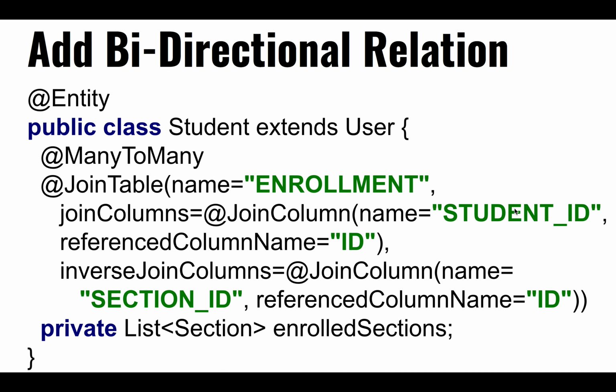Once you've done that, JPA will create for you the student table, the section table, and also the enrollment table. Typically when we create a new table, we have a class for that table. Just like we create a student class, and we create a student table. We create a section class, it creates a section table. Here we're creating an enrollment table without actually having an enrollment class.